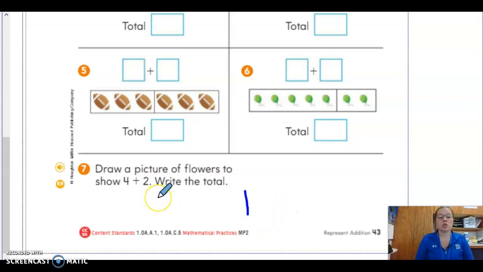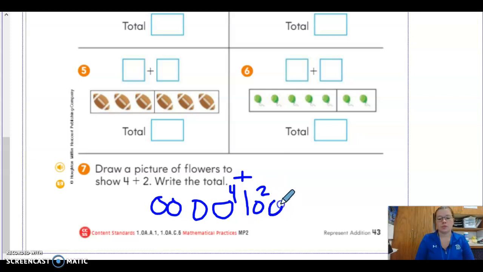Okay, so I'm just going to draw circles for my flowers because I'm not very good with this pen here. 1, 2, 3, yep, it's tricky. 4, plus 2. And remember, you can draw flowers. I just have a really hard time using this pen on the smartboard. And our total, 4, 5, 6. Okay? Turn the page, please.